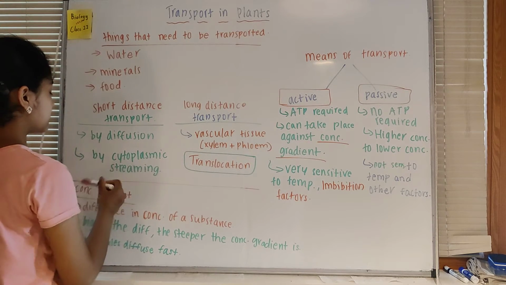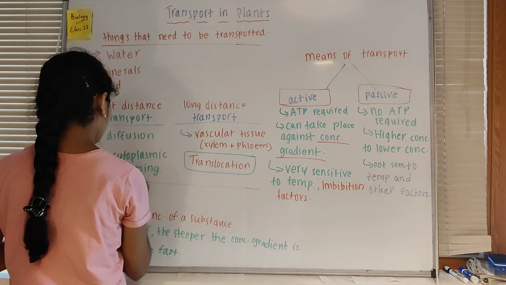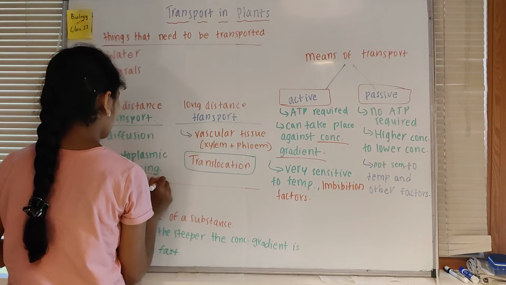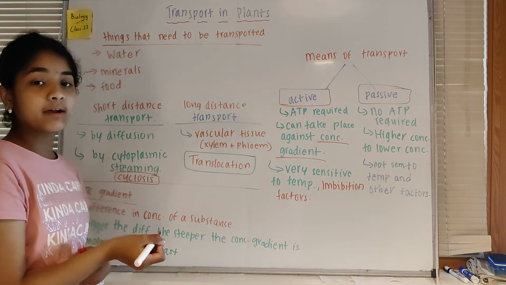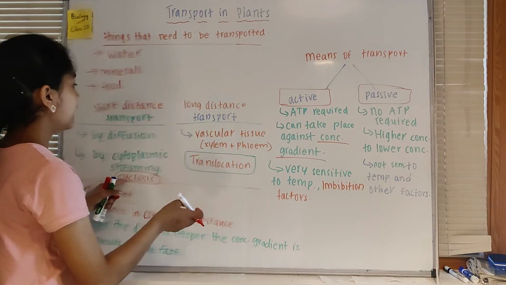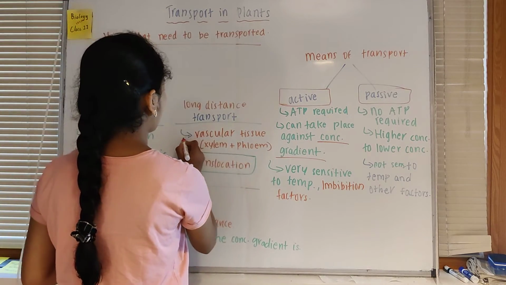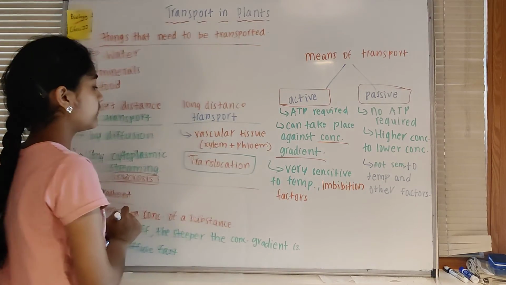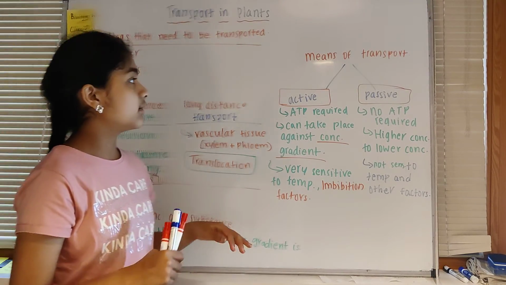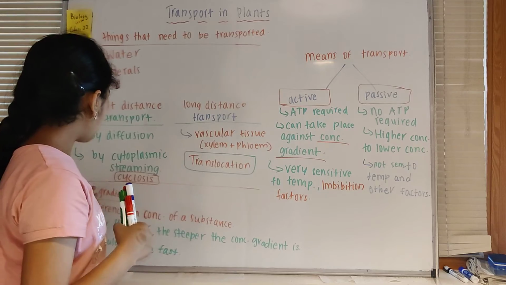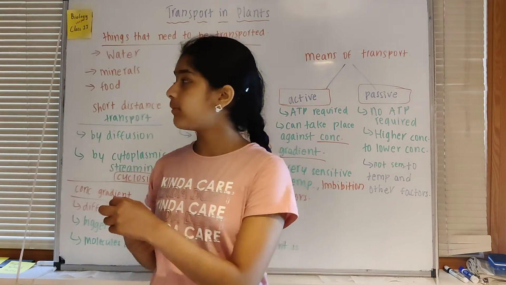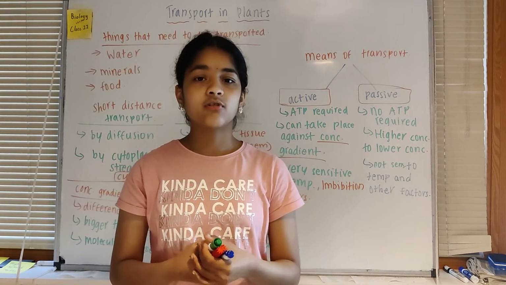Cytoplasmic streaming is actually cyclosis, the movement of the cytoplasm within a cell. Long distance transport is by vascular tissues, xylem and phloem, and this process is known as translocation. Then we talked about the different means of transport and also the concentration gradient.